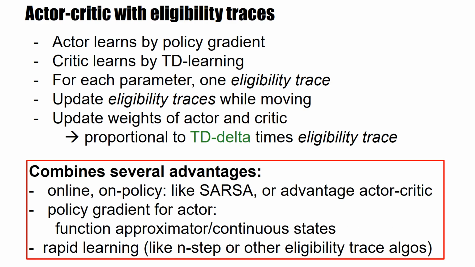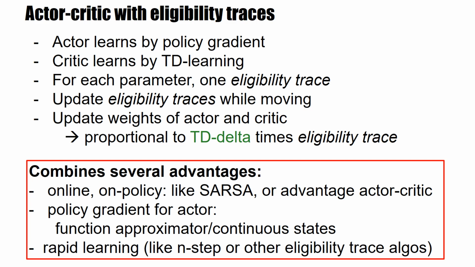So this combines several advantages because it's now completely online on policy, like SARSA in TD learning, or like the advantage at the critic that we have seen before. Compared to SARSA, it has the advantage that we have a policy gradient for the actor, and so function approximation and continuous states don't pose the same types of problems that arise if we come from tabular TD learning.